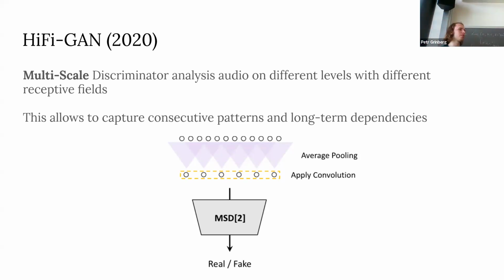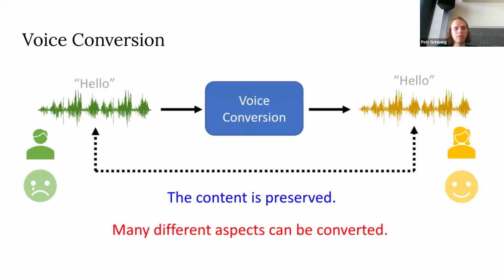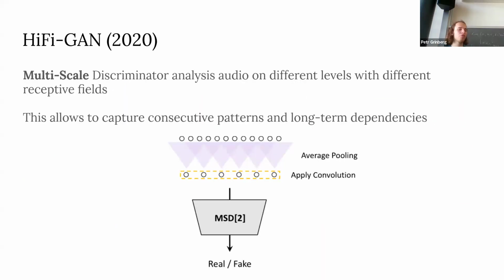Apply another convolution, and so now you have 3 outputs: one on the long level, one on the middle level, one on the short level, and you analyze your audio on different receptive fields. You capture long dependencies, you capture short dependencies, everything is fine. And so you use these 2 discriminators, that's basically all.